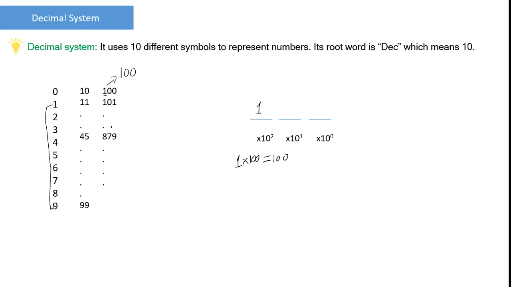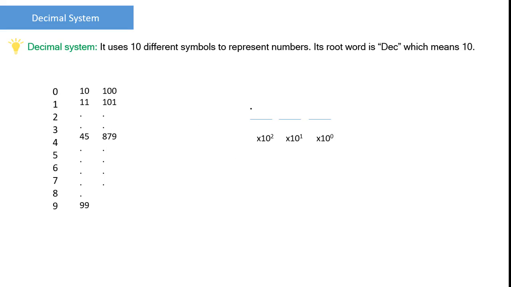In the same way, if I come to this number 879, then in this case the value of this 8 is 8 into 100, that is 800, and so on like this. So as we keep on adding the number to the left hand side, the value of that number increases by multiples of 10.